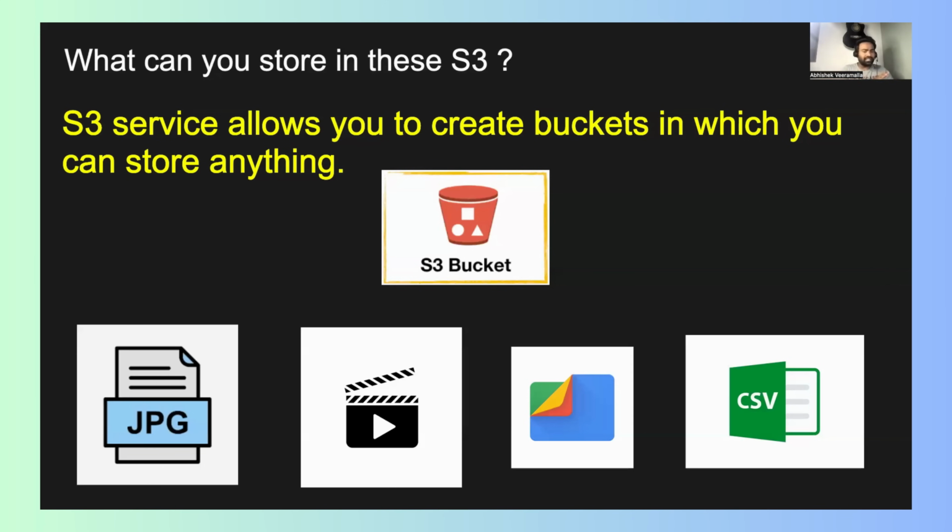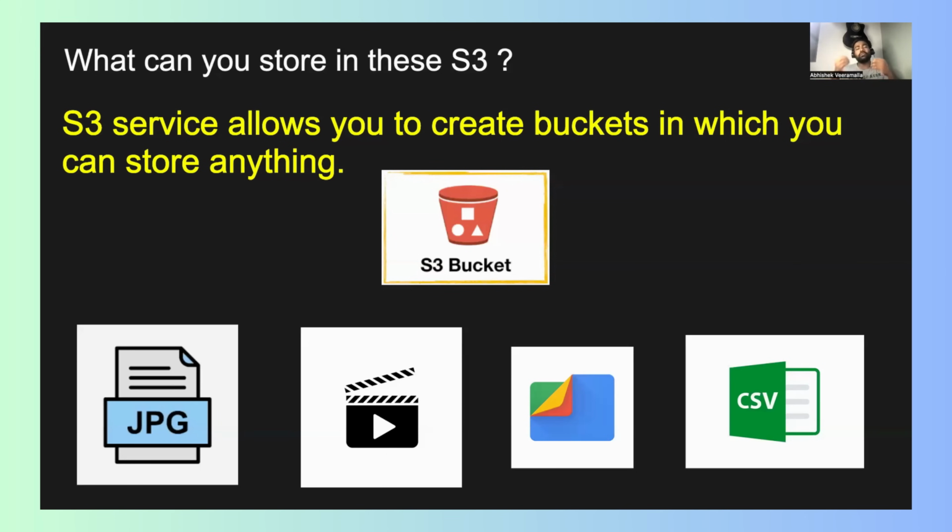So in general, S3 does not have any restriction, but as a DevOps engineer, you deal with these kinds of files: databases, application logs, information like Excel sheets for your dashboards, or huge application-supported configuration files.